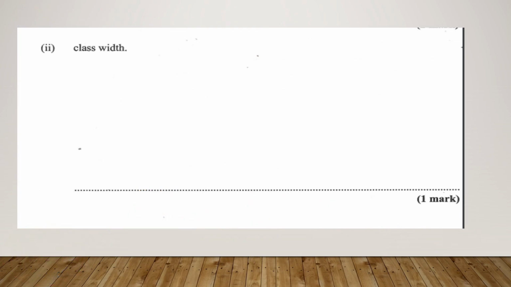Then we're asked the class width. So the previous question, we need that information, because the class width is equal to the upper class boundary minus the lower.